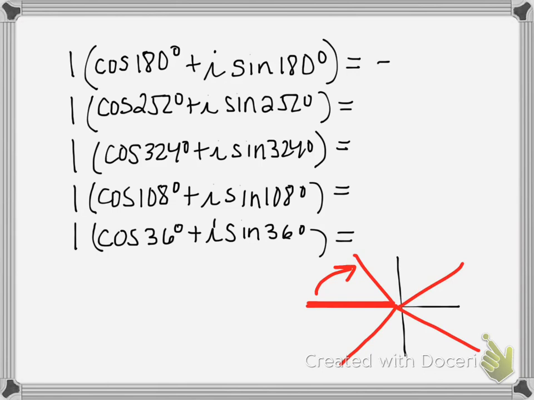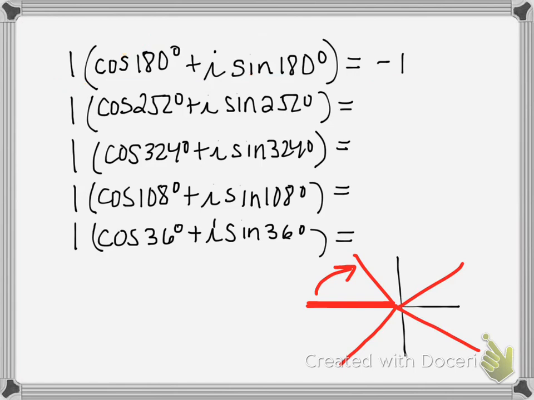Now this first one, of course, was -1. Be sure you're clear on how we get that. The cosine of 180 is -1, so 1 times -1 is -1. And then the sine of 180 is 0, so 1 times 0 times i is 0. So I just have -1.